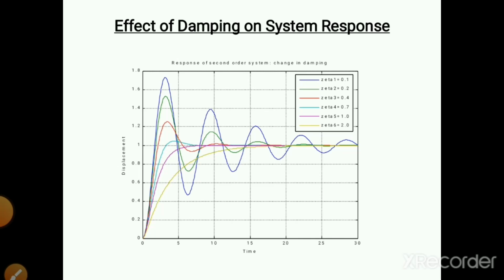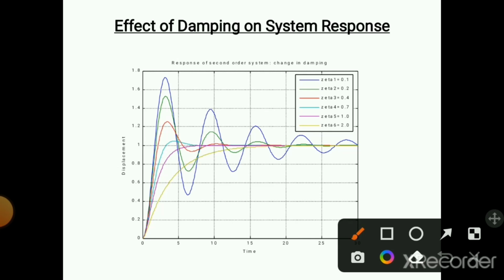The graphs are shown for different values: 0.1, 0.2, 0.4, 0.71 up to 2. Okay. So the blue colored part you can see. This blue colored part has the maximum overshoot because its zeta value is 0.1. So there is very little damping. As you go on increasing the zeta value up to 1, you can check this red colored part for 1.